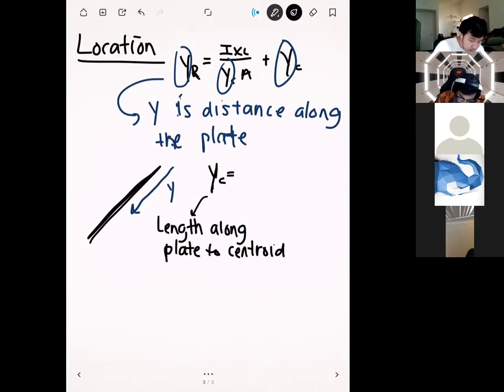So it's basically, you know, we have the centroid that's going to be right in the middle of our plate, and then YC is going to be the distance between here and the surface of the water along the plate. Okay. And so we know from the previous problem that the depth of the centroid is still h over 2, right?